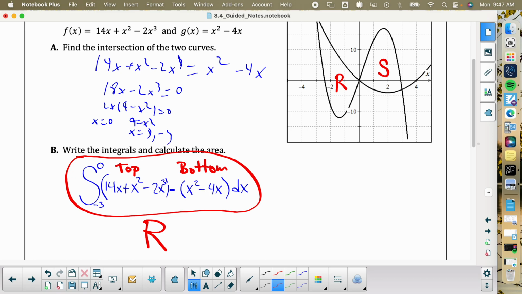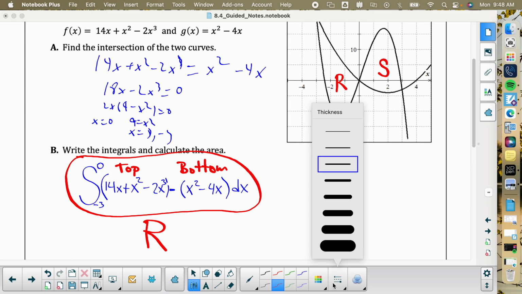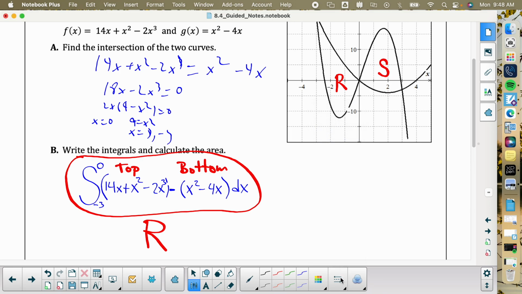And they meet at -3 and 0, so that's why we put the -3 and 0 on the integral. And then you have to have the top function minus the bottom function for that piece only. Now, the second integral is going to be for section S.